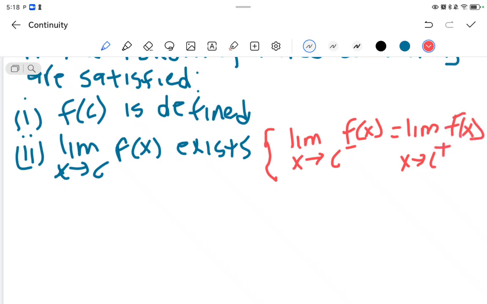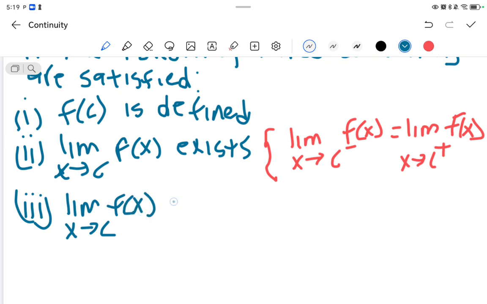Then the third one, we check if the limit as x approaches c of f of x is equal to f of c. So this is what we're going to be checking here.